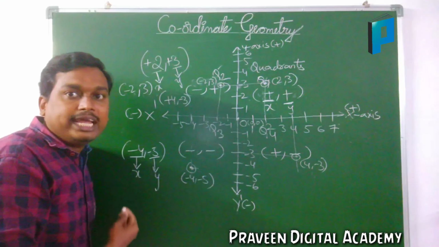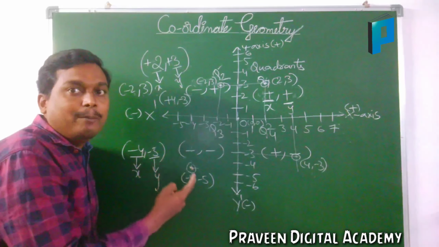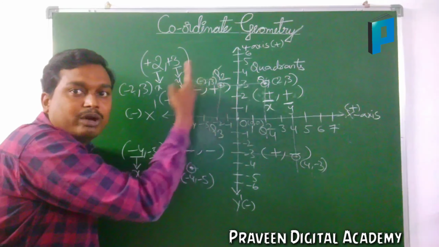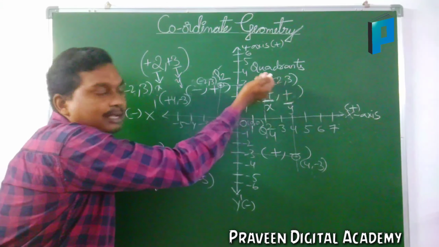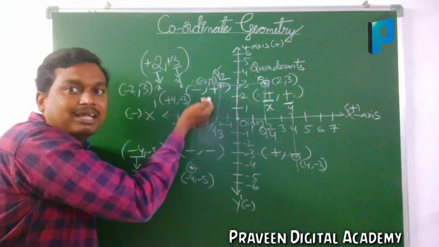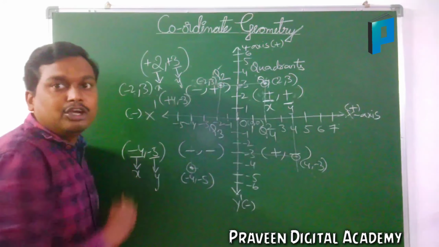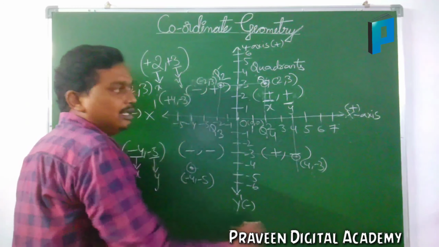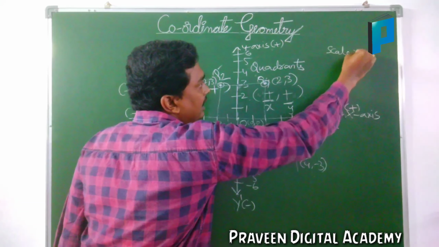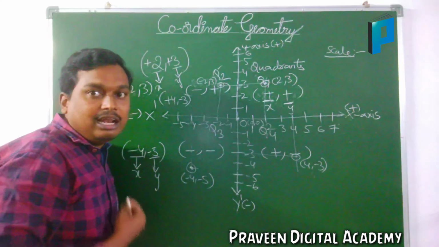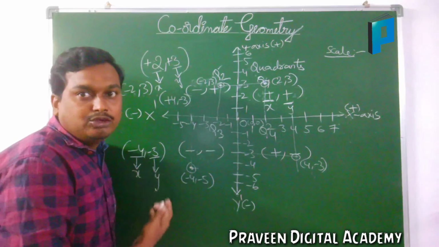In this way, we can plot a point on the graph by the positions of Q1, Q2, Q3, Q4: plus plus in Q1, minus plus in Q2, minus minus in Q3, plus minus in Q4. And in the coordinate system, scale is very important, and in general we say scale is the heart of coordinate geometry.